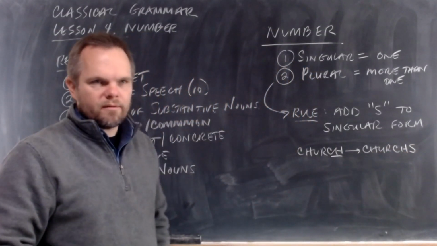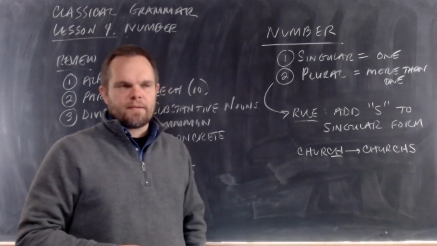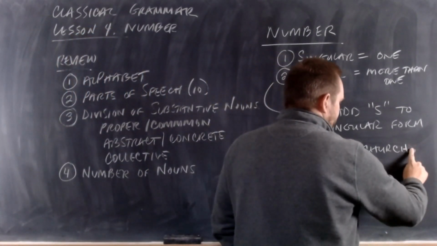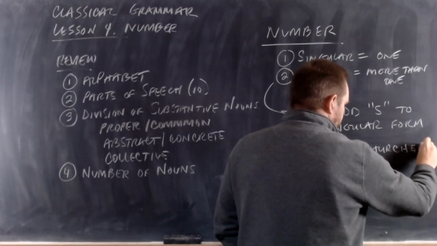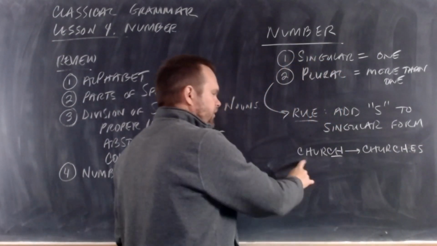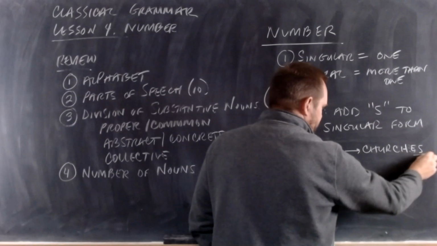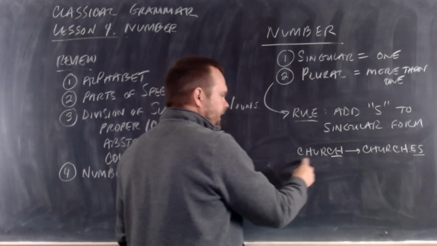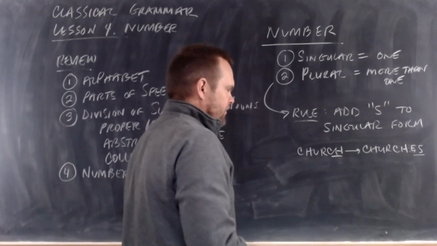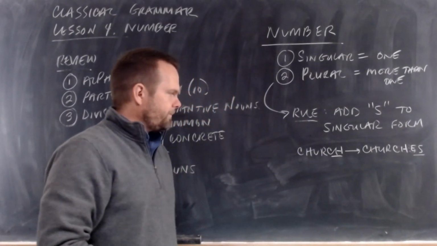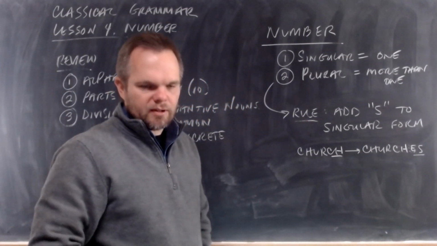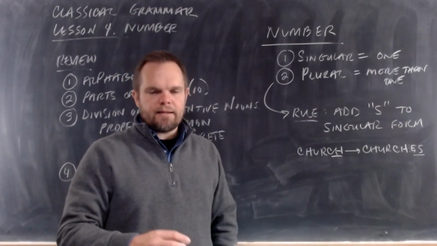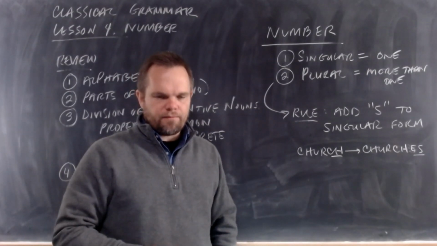That's wrong spelling. We add es. So church becomes churches. And that's an exception to the rule because it's a noun that ends in ch. All right? That's what our exception teaches us. Substantives that end in ch add es to the singular.